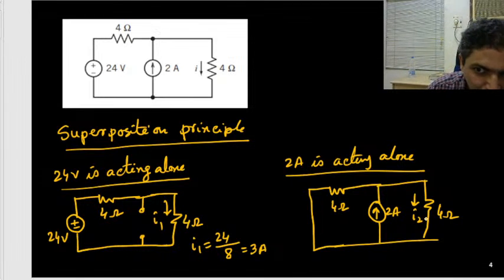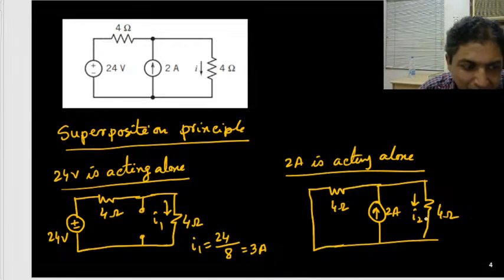So what is I2? Who can tell me? So for this one, when the 2 ampere current is acting alone, the current through the 4 ohm resistance I am calling I2. So what is the value for I2?